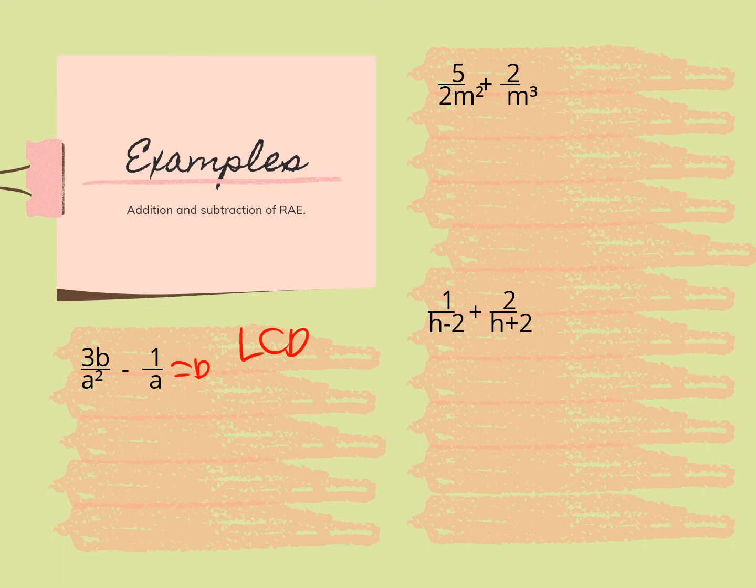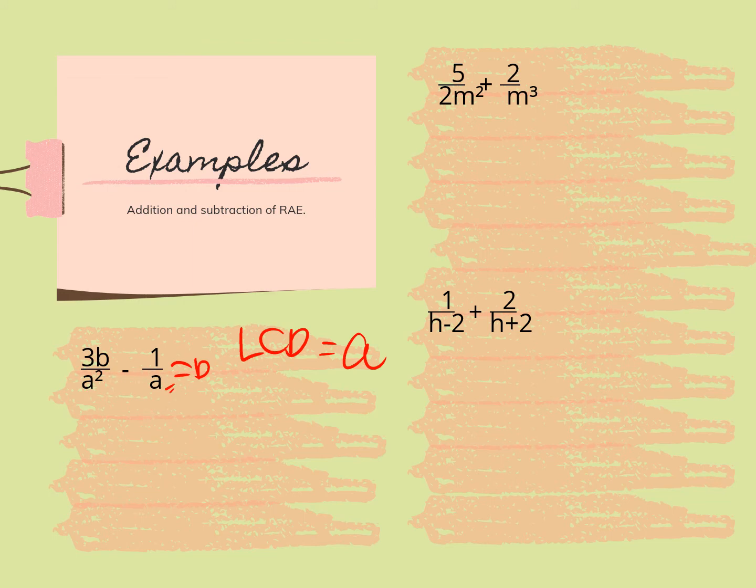Since pareho silang may a, therefore LCD natin is a. But the problem, anong exponent? As I mentioned earlier, you just have to look at the exponent of the denominators. Kung ano yung may mataas na exponent, yun yung kokopyahin natin.